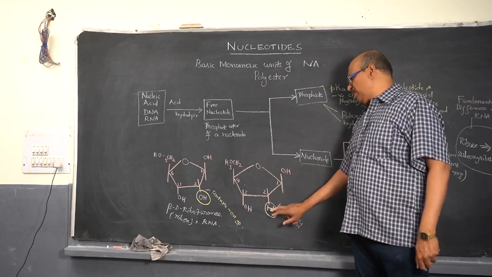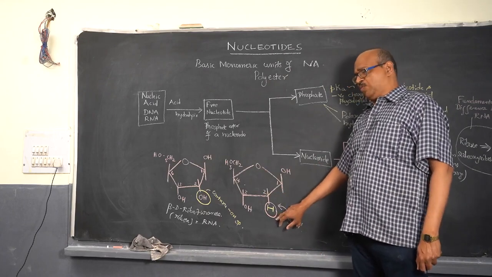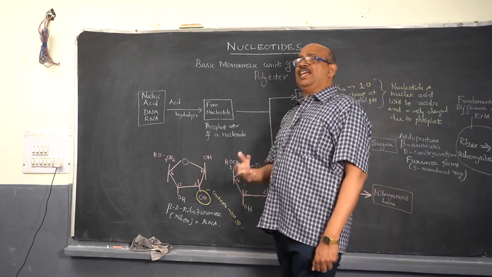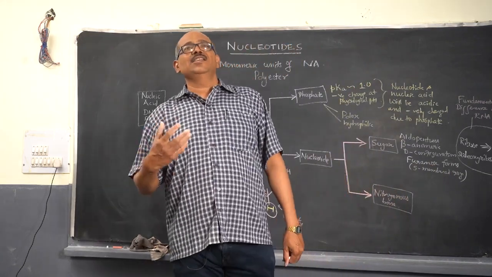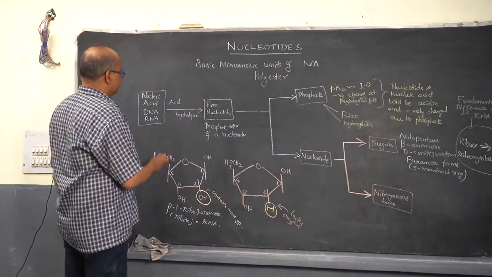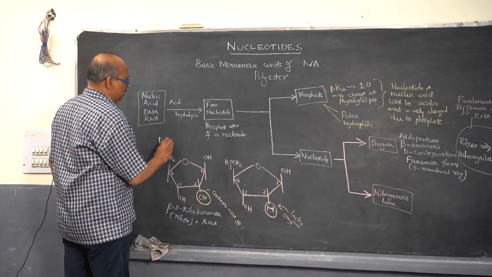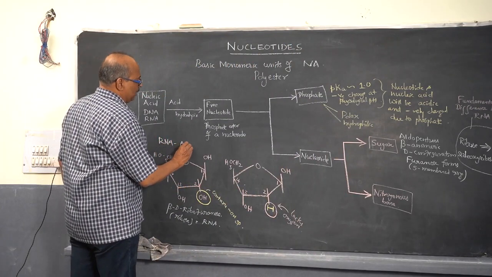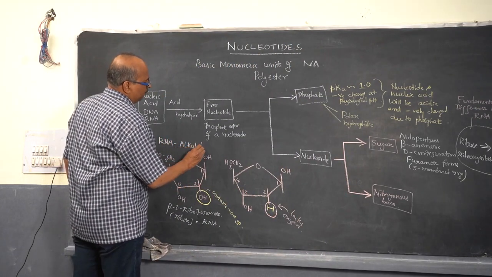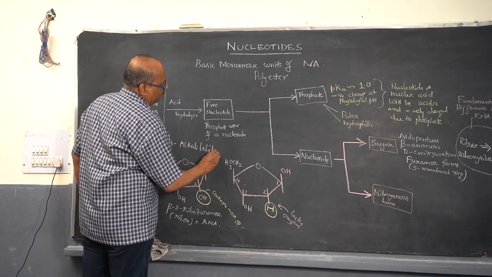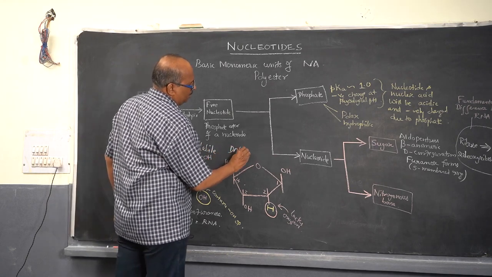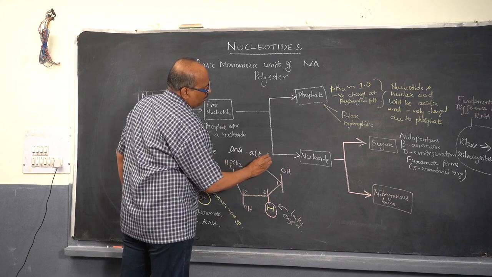Practically you don't have it because this has no hydroxyl group, and therefore DNA is alkali stable. So RNA is alkali labile, DNA is alkali stable.